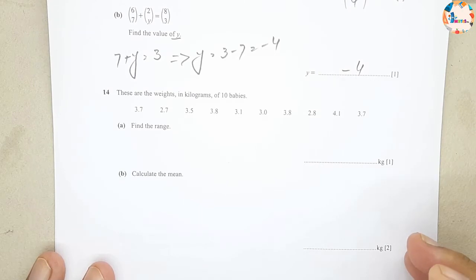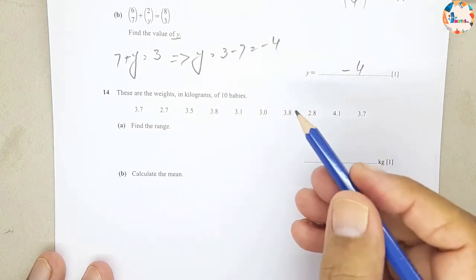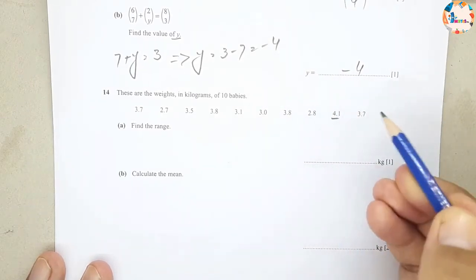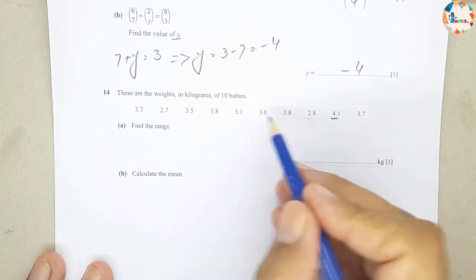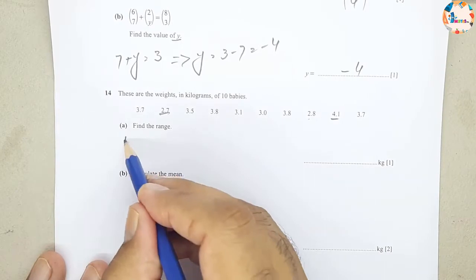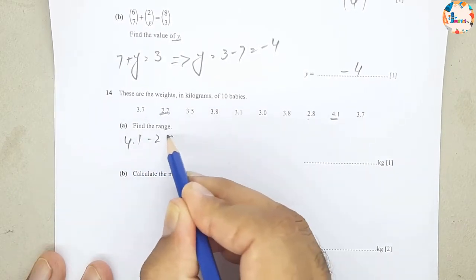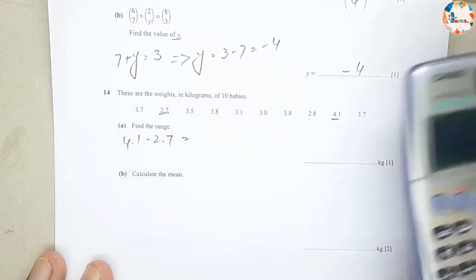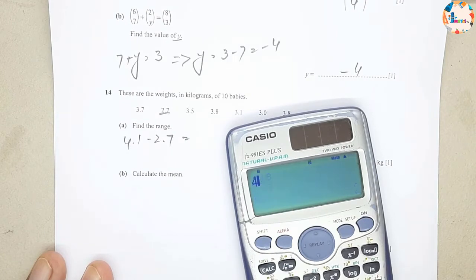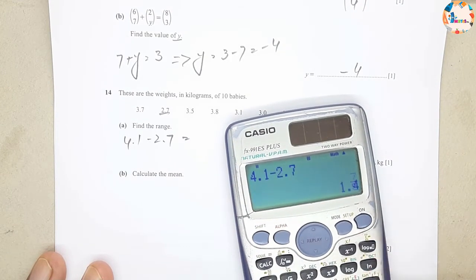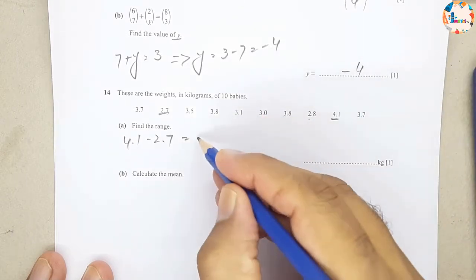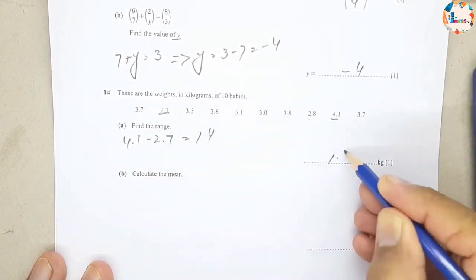Find the range. Range will be maximum minus minimum. Maximum value is this one, and minimum value is 2.7, this one. So 4.1 minus 2.7, this will be the range. 4.1 minus 2.7, this will be equal to 1.4. So 1.4 will be the range.